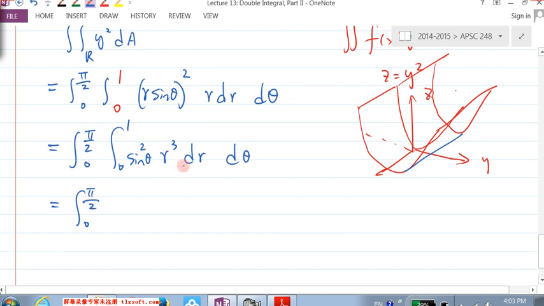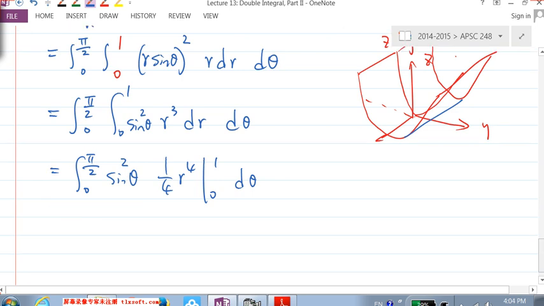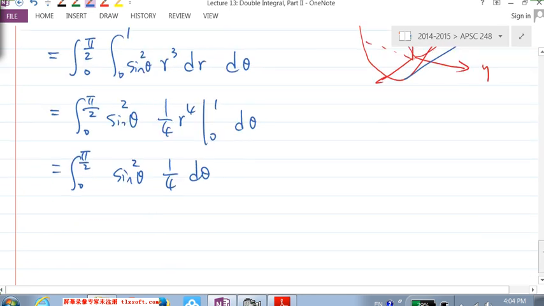R cubed integrates to 1/4 r to the power 4, from 0 to 1, and d theta, with sine theta squared. So this one is 1/4 sine squared theta d theta. That's as far as you go here. So how do we deal with sine squared theta?